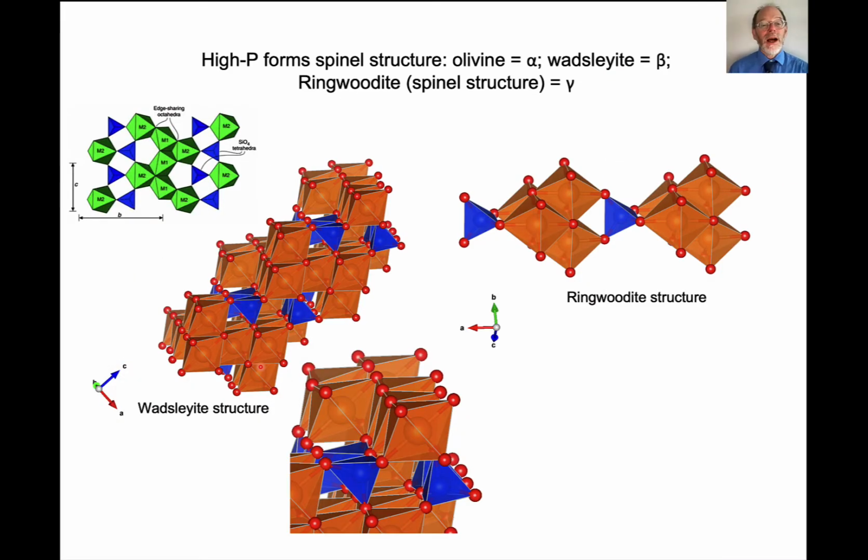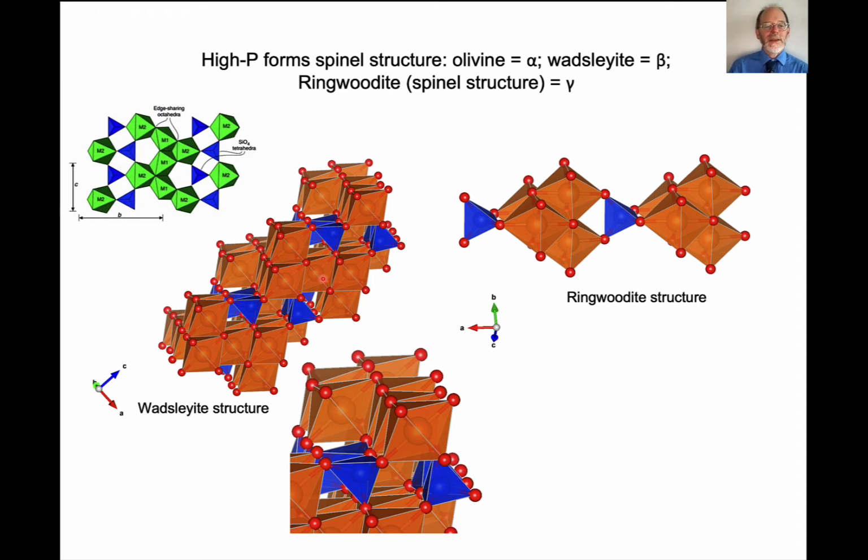At high pressure, olivine is unstable and instead forms a spinel or spineloid structure. So Wadsleyite is a spineloid structure and Ringwoodite is a spinel structure. So here's the structure of olivine that we were just talking about with these zigzag chains linked together with these isolated silica tetrahedra.